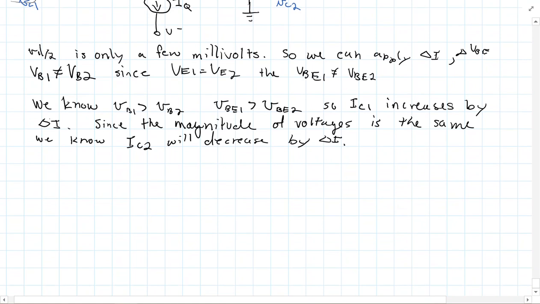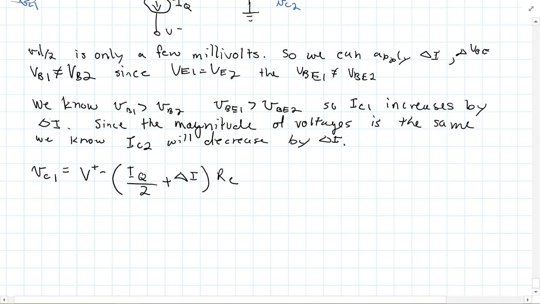In other words, what we have here is that VC1 is equal to V plus minus, well, it's going to be ICQ over 2, or IQ over 2, that's what we've been doing, plus delta I times RC.